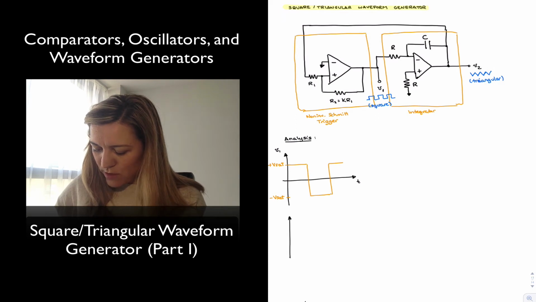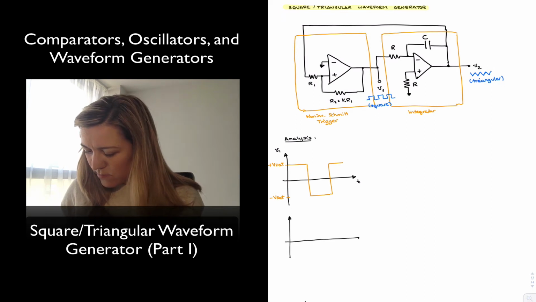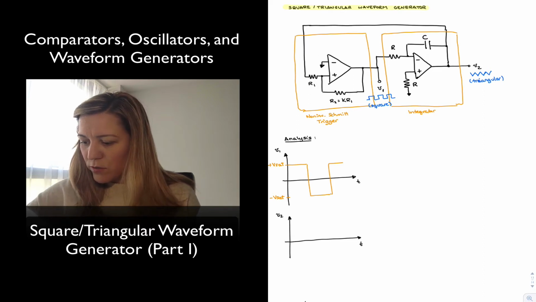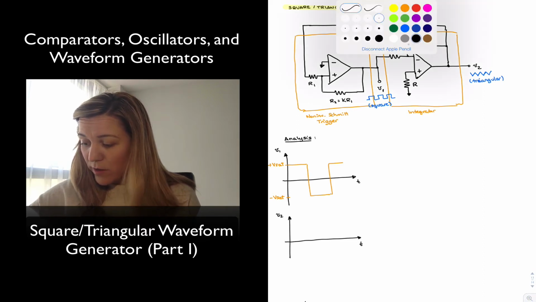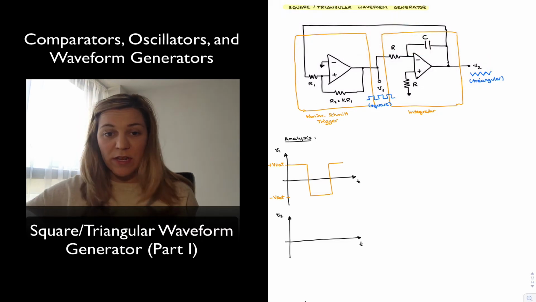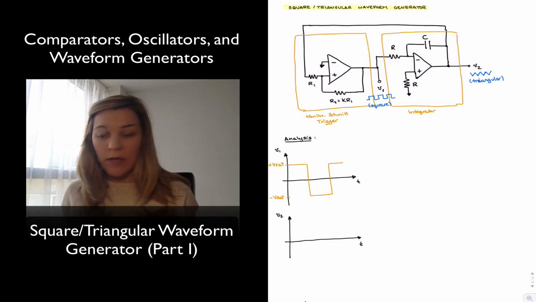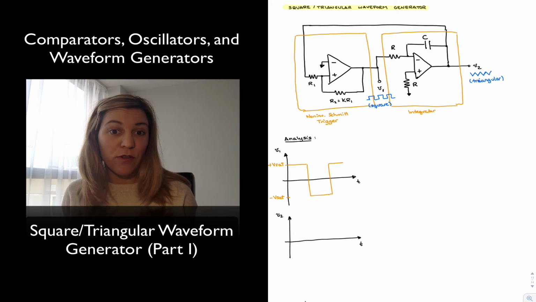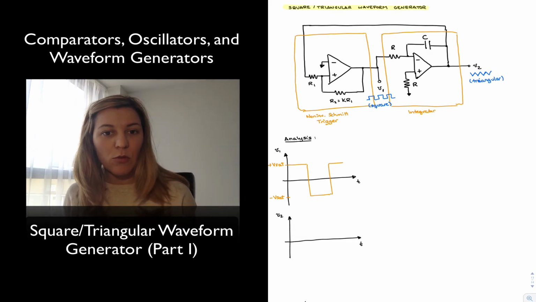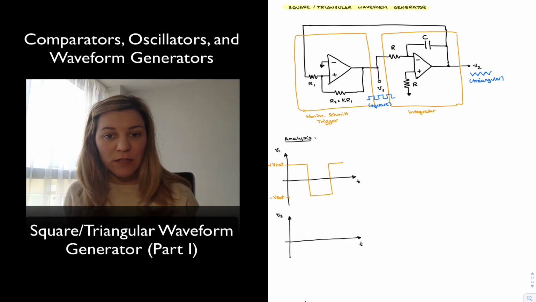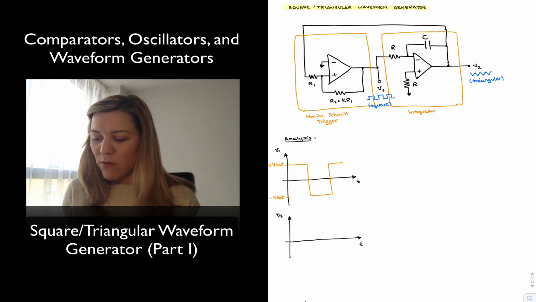And the output of my integrator, V2, is going to be a triangular wave. And again, I'm expecting it's going to have a negative slope when my input to the integrator, V1, is positive, and a positive slope when the input is negative, because it's an inverting integrator. The signal V1 is being fed into the inverting input terminal of that second op-amp.